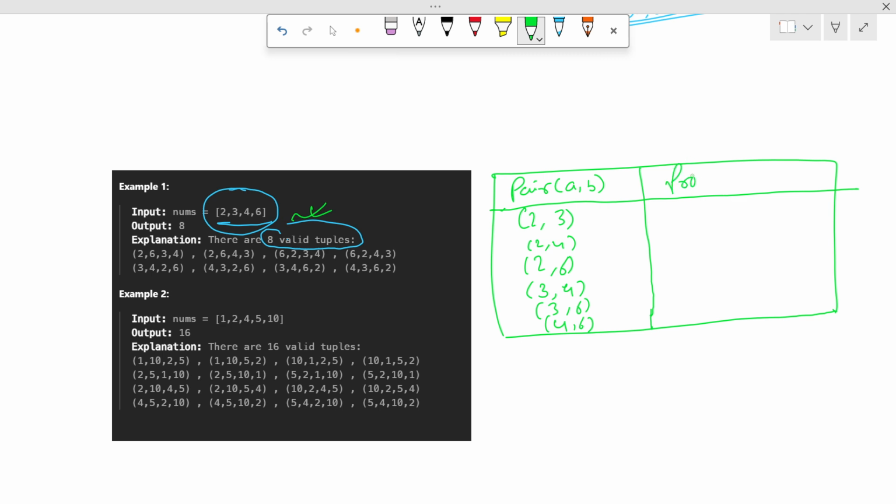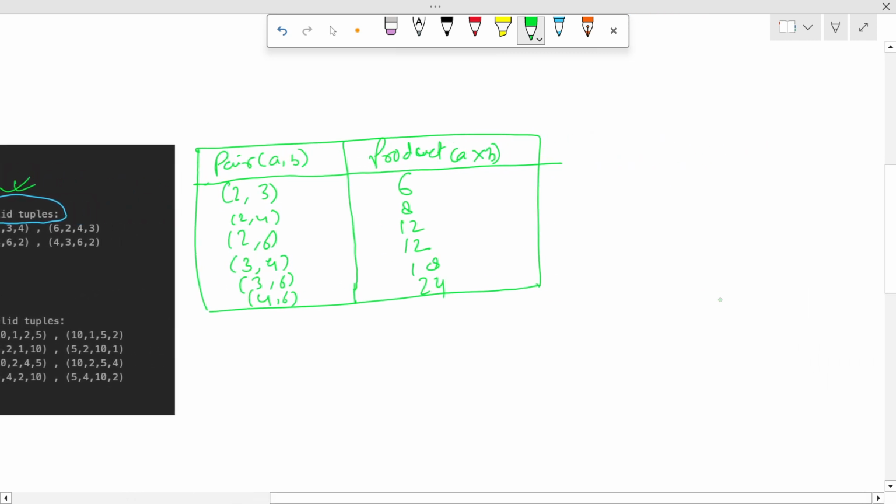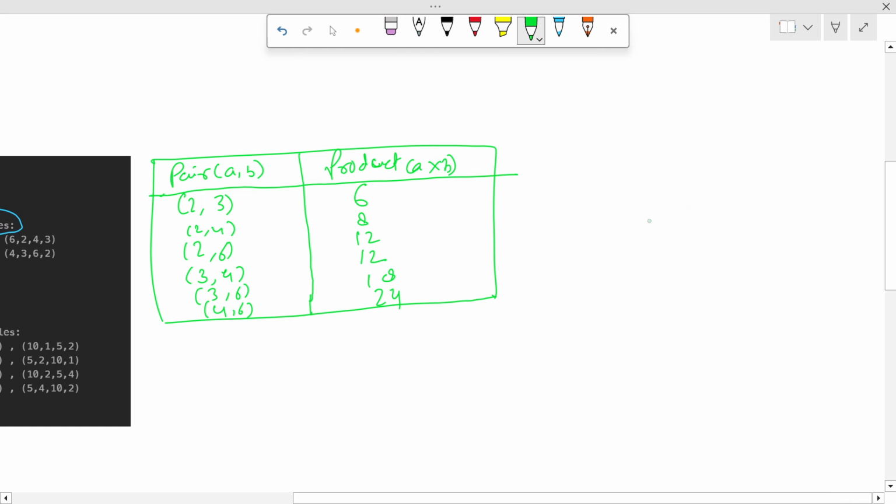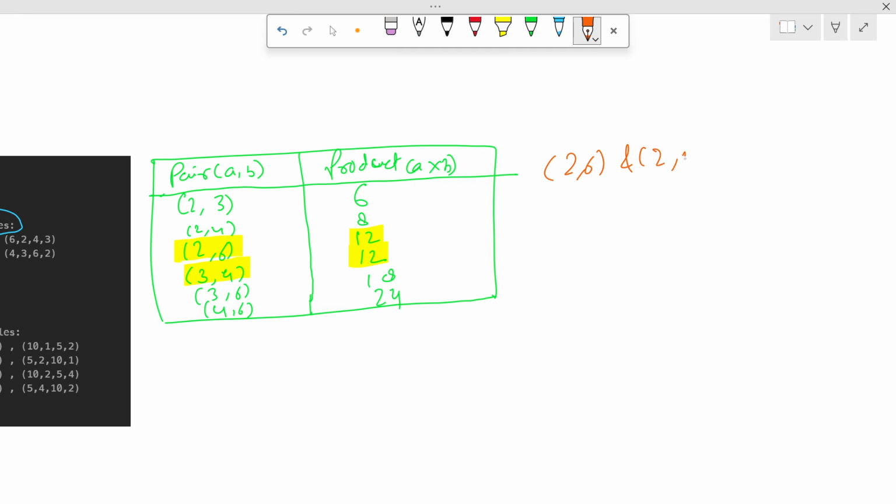And now the product of a times b. The product of 2 and 3 is 6, 2 times 4 is 8, then 12, 12, 18, and 24. So here we calculate the products, and the product that appears twice is 12, and these two pairs, 2 comma 6 and 3 comma 4, have the same product.